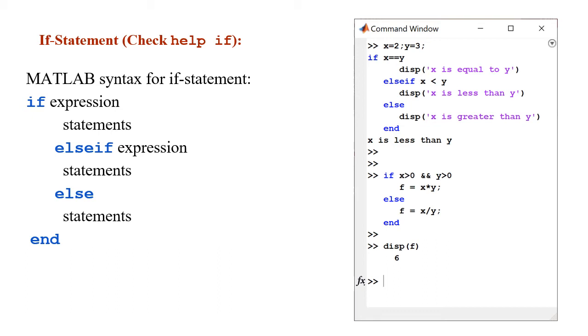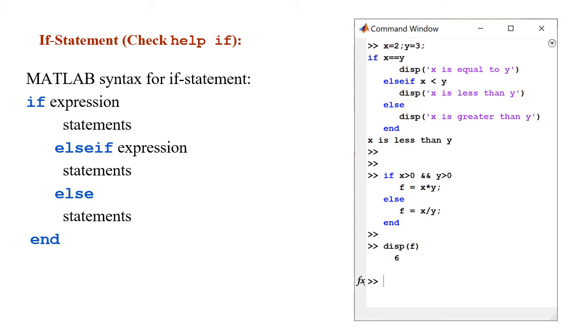Else, or otherwise, the default statement is this time to evaluate f as x divided by y. Now we're going to try to find what the correct value of f is going to be based on the values of x and y that we know.